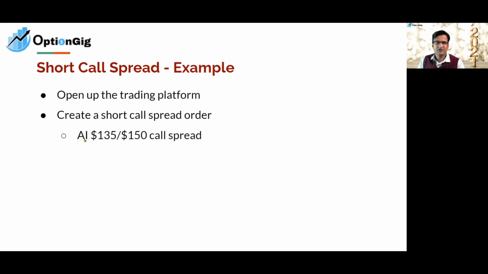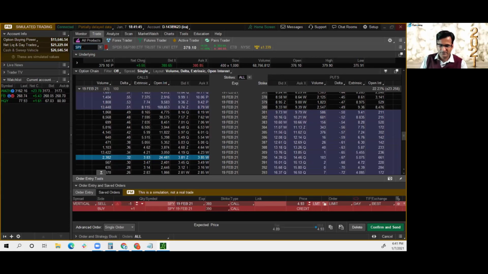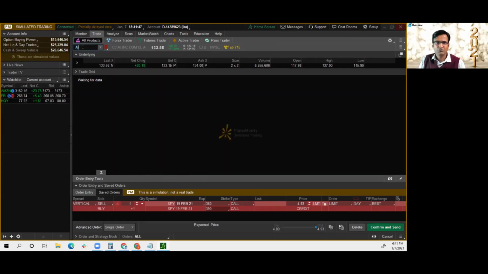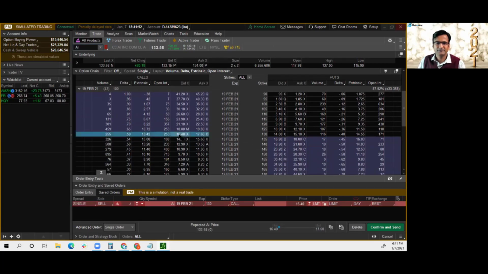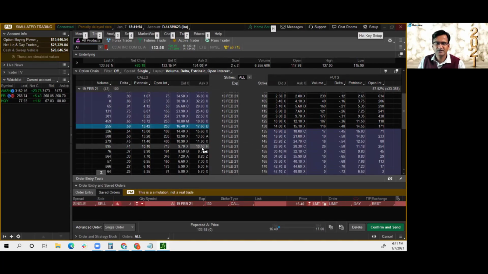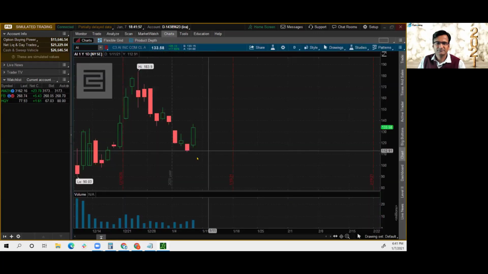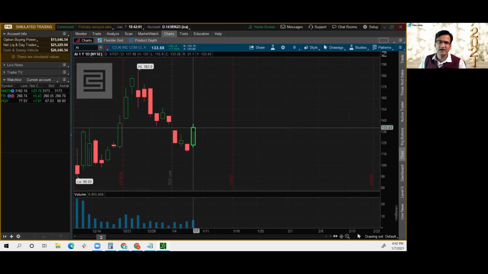Let's do a call spread on AI, which is C3 AI, a newly IPO'd company, 135, 150. And then I'll also explain where we can use this. Say I don't have any shares of AI. And now I'm thinking it jumped up 18%.